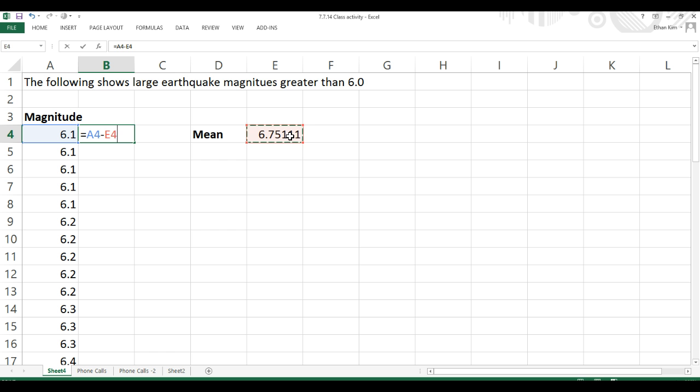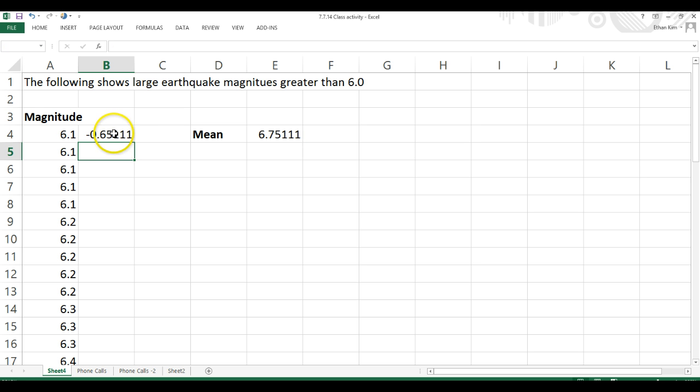So that takes care of what? The x sub i minus x bar part. We're gonna do that for the rest of them, but if we drag the values down, we want to lock the mean because this stays the same. So we're gonna press F4 to lock the value and enter.